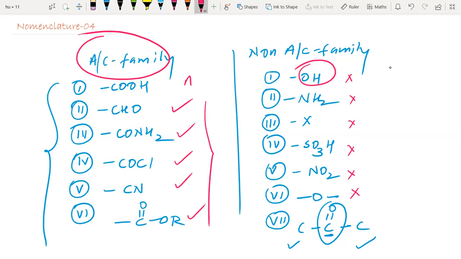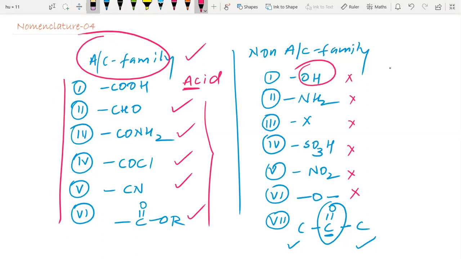And as you know, carboxylic acid contains AC, and from this AC I gave the name AC family. All 6 are kept under the AC family, and the 7 compounds are kept in the non-AC family. The next video will have non-AC family nomenclature.